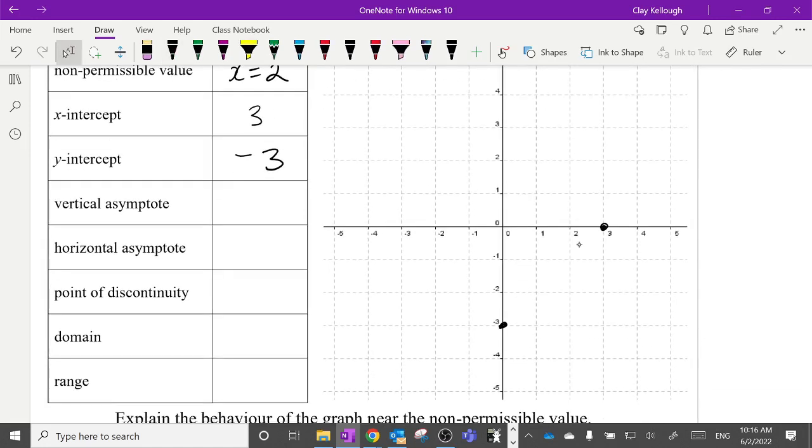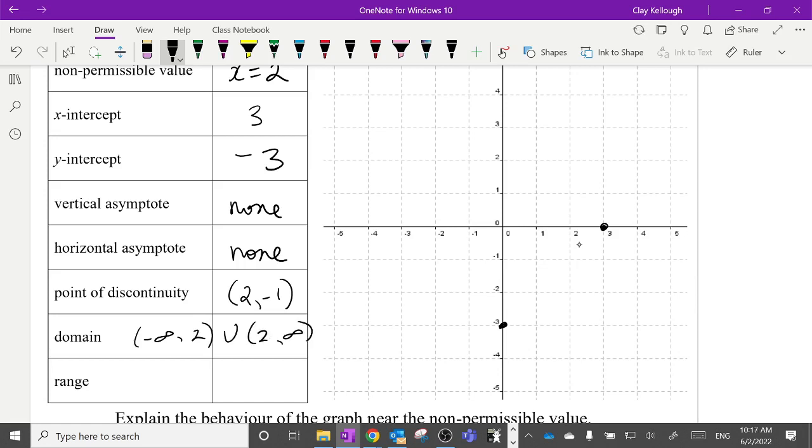Vertical asymptote, we don't have any. Horizontal asymptote, we don't have any. Point of discontinuity, that's our hole at 2, negative 1. Domain, well, I can say x can be anything except 2. So I can go from negative infinity to 2, and then 2 to infinity.